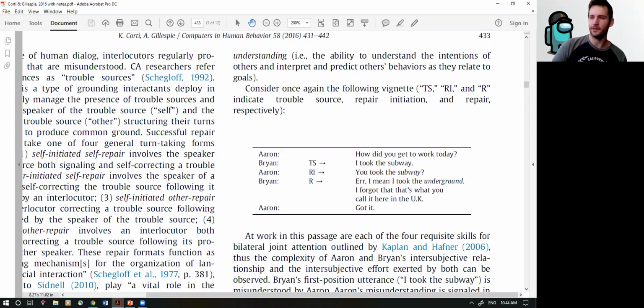I was wondering if it's really the interactant not responding to the robot as a human, or if they're actually just responding to it as an uncooperative separate interactant.